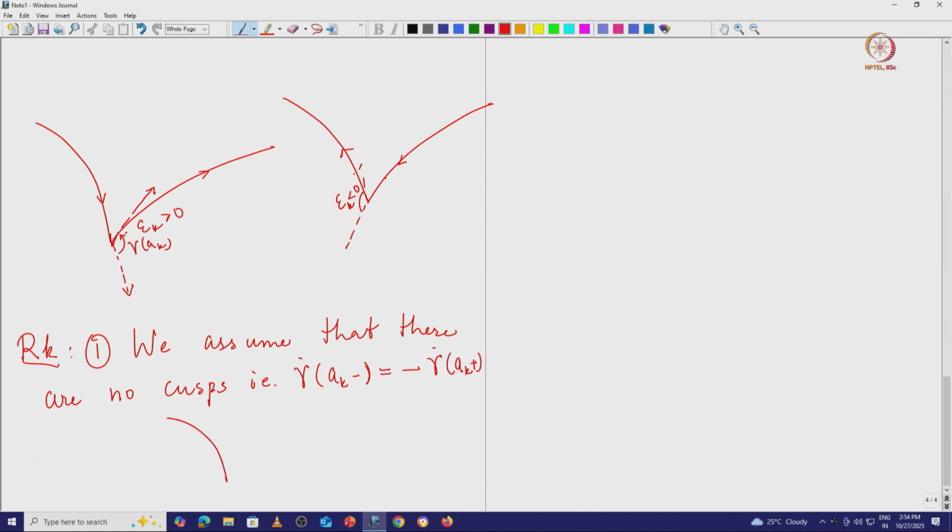So you should not have a picture that looks like this, because if that is the case, then there is no nice way of defining the external angle. There is no nice way to see if the external angle should be 0 or pi, or minus pi, so we do not want any cusps.